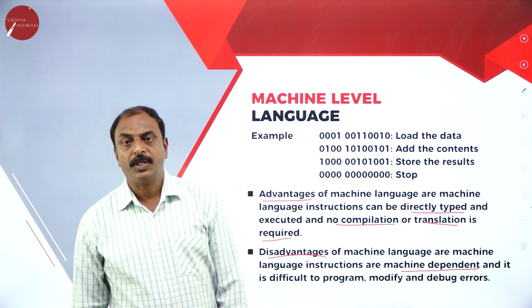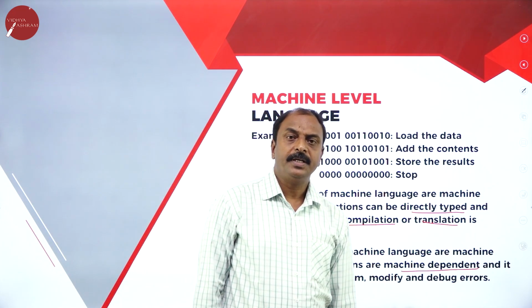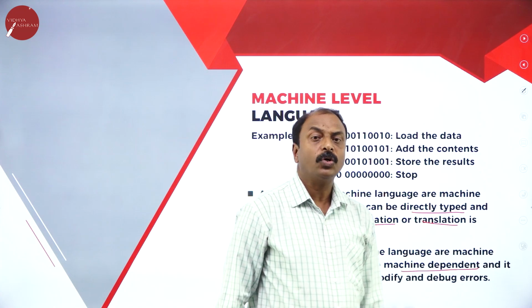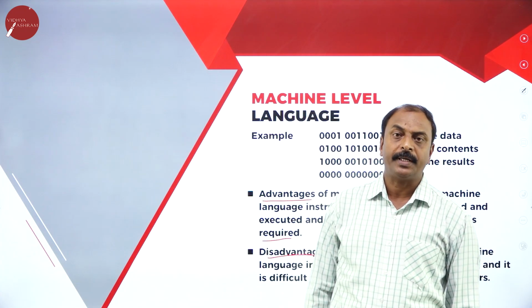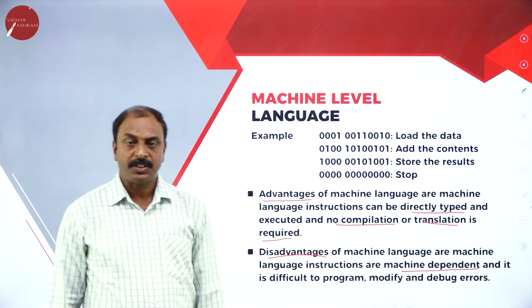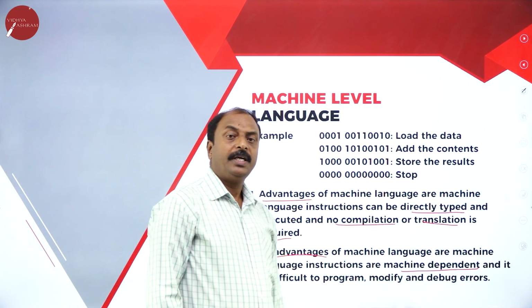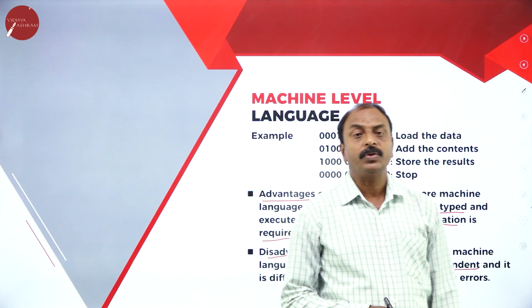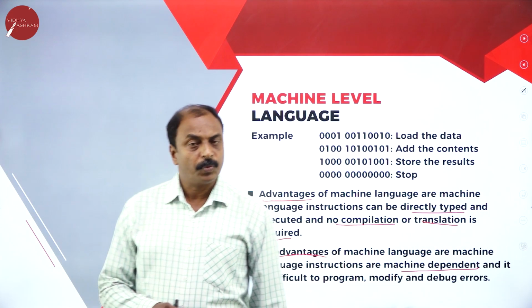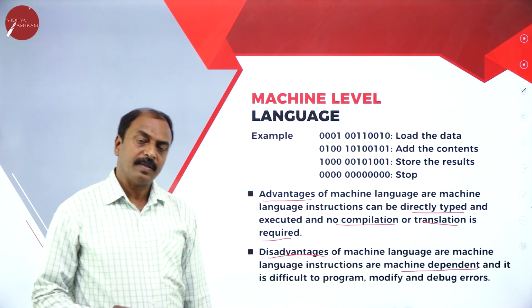So what is the meaning of machine dependent? Each and every machine must have its own code or program statements to be executed. For example, if you have 10 systems, we have to write 10 different programs for the 10 different computers.